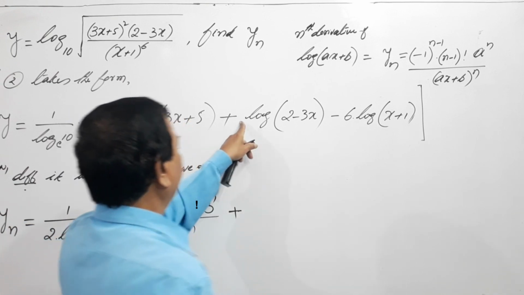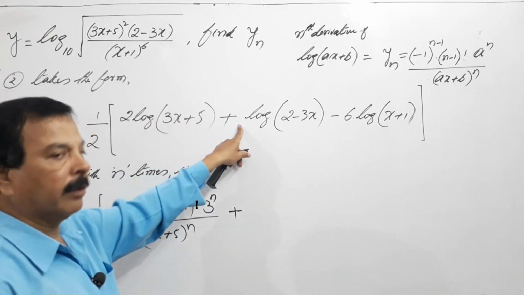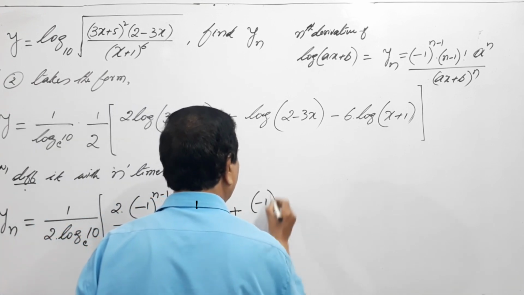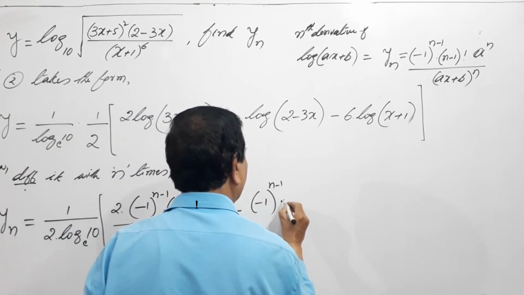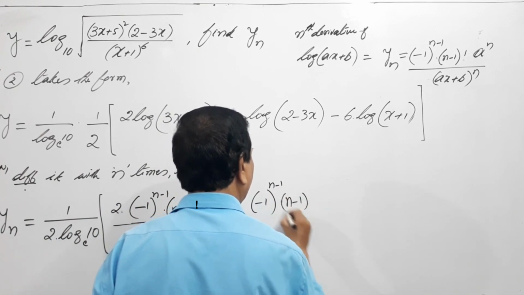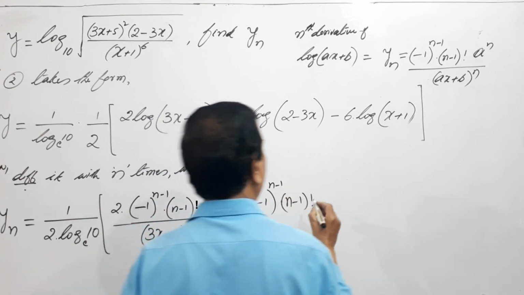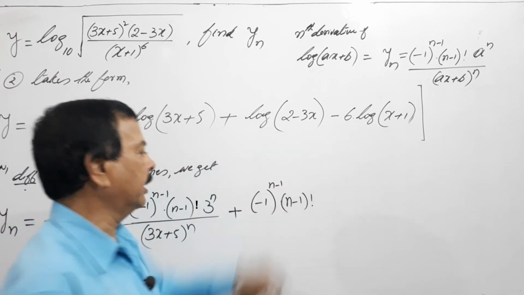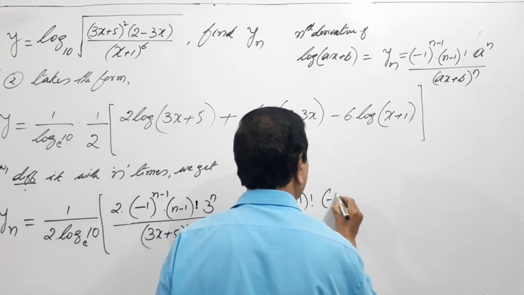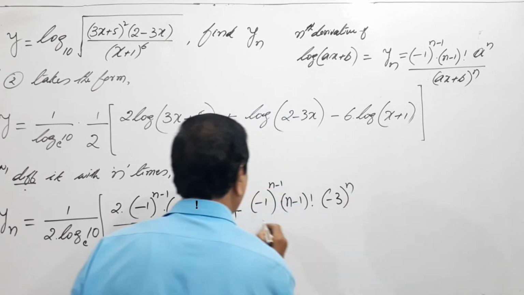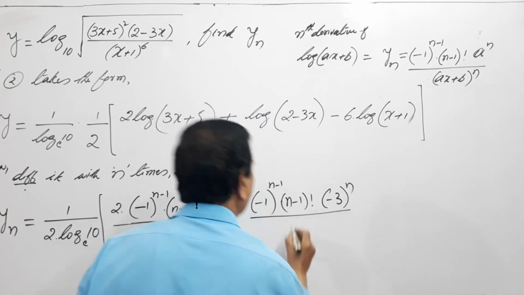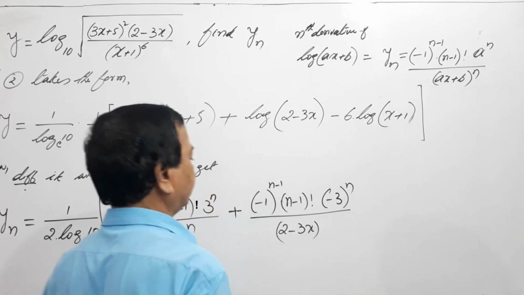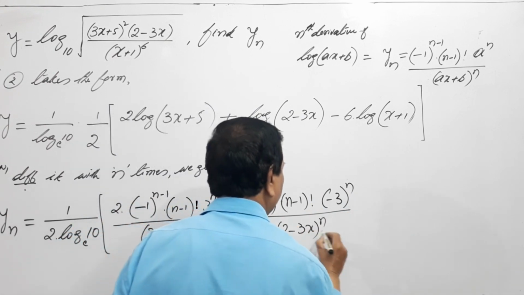You don't have any value here, so straight away you can write minus 1 to the power of n minus 1 into n minus 1 factorial into, what is the coefficient of x here? It is minus 3. So this is minus 3 to the power of n divided by 2 minus 3x to the power of n.